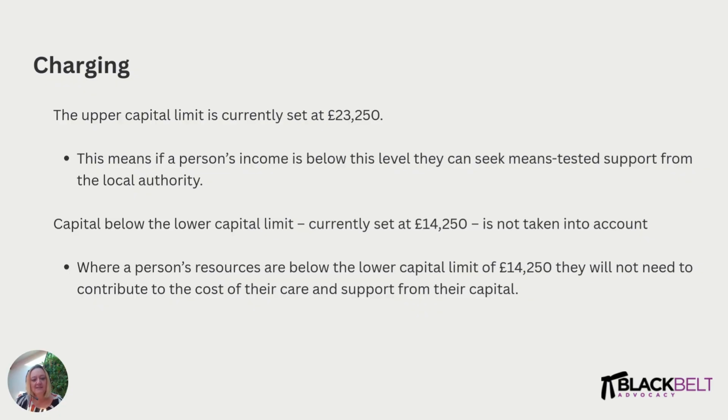Lots of benefits will take people into that threshold above 14,000. And PIP, there are quite complicated rules of disregarding elements of PIP, but some of it will be included as income, and it's called disregarded expenditure.